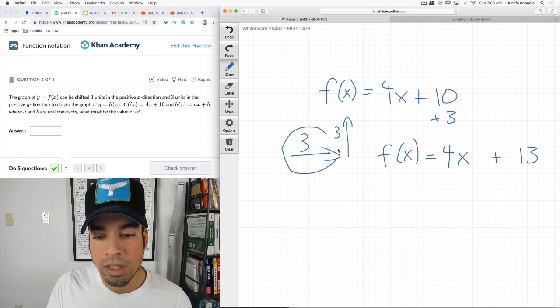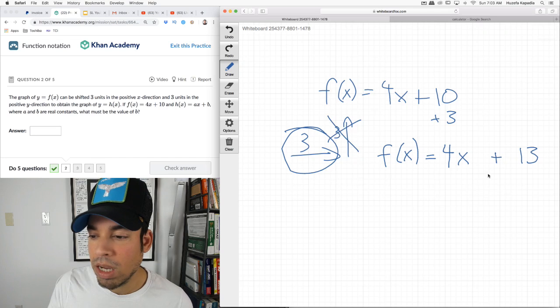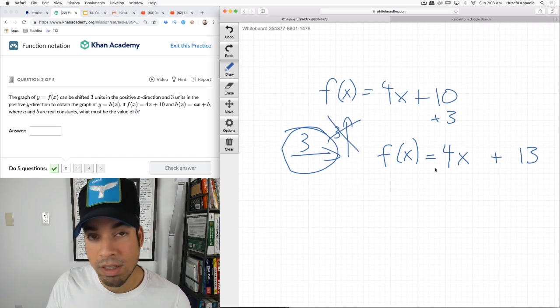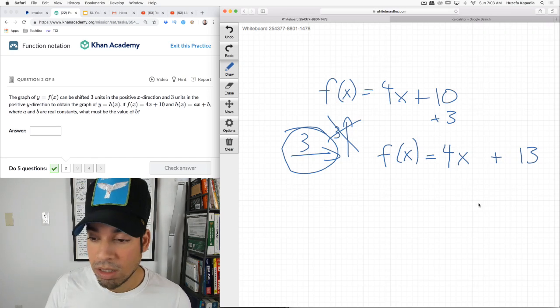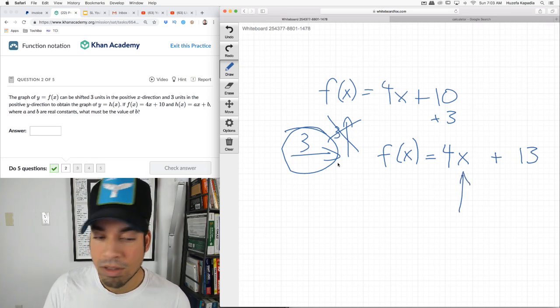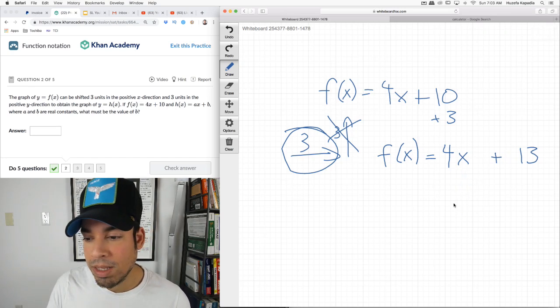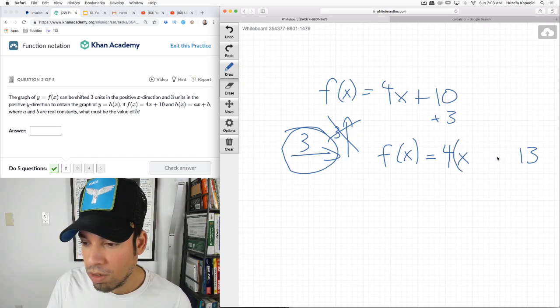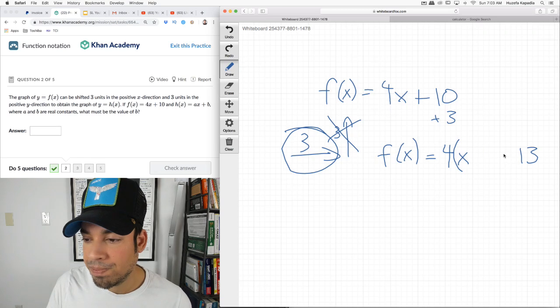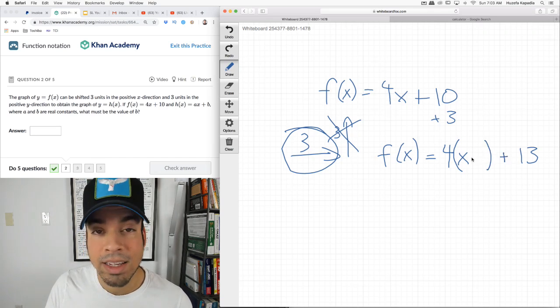Now I have to deal with this. We've already dealt with the 3 up. Now I have to deal with the 3 to the right. When we shift to the right or left horizontally, we're affecting the x directly. What does that mean? It means we tack on a number to the x, within these parentheses.